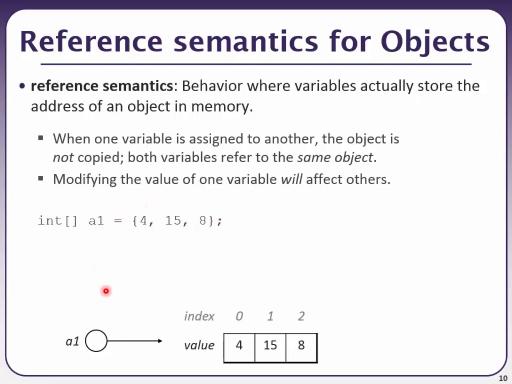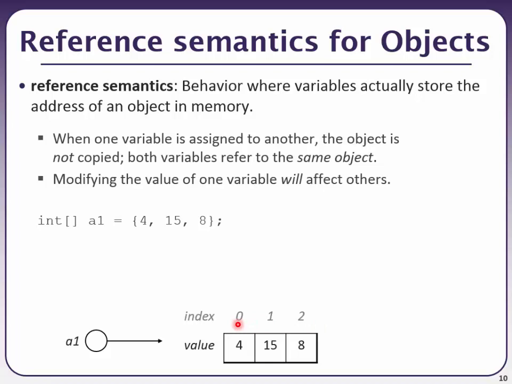So in this example, once we execute this line, we are going to have a variable A1, and this variable only contains a reference which tells us where we can find this object in memory. This is a whole object. This is an array object, and this array object has 3 elements inside of it. So in light gray here, you see the indexes of those elements. It always starts at 0.